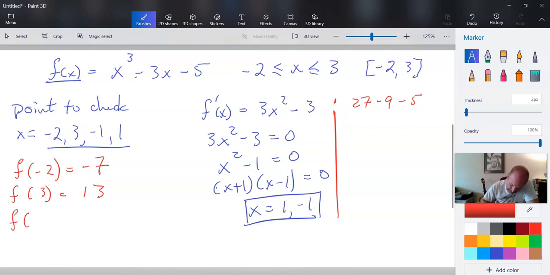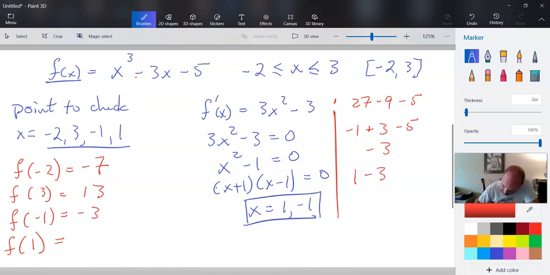F of -1 would be -1 cubed is -1 plus 3 minus 5. So it's negative 6 plus 3, so that's negative 3. And we need f of 1 now. And then we're just going to compare these values and figure out which one's biggest, which one's smallest. If I plug in 1, I end up with 1 minus 3 minus 5, which is negative 7 again.